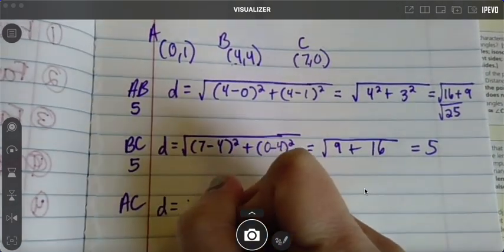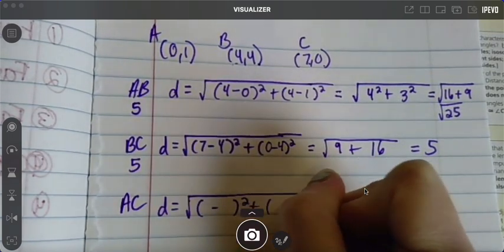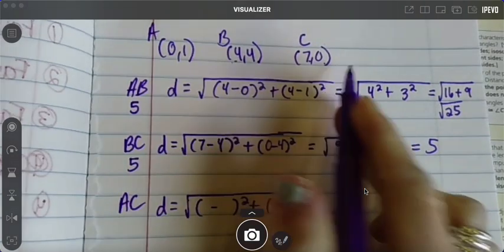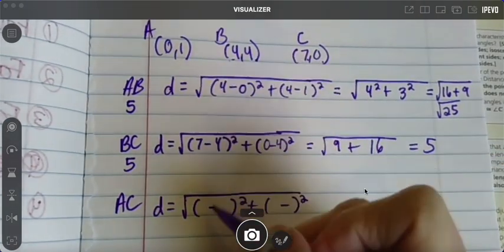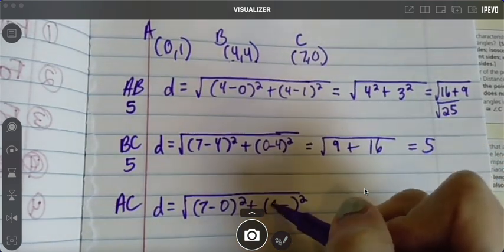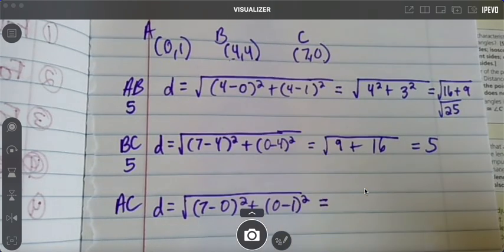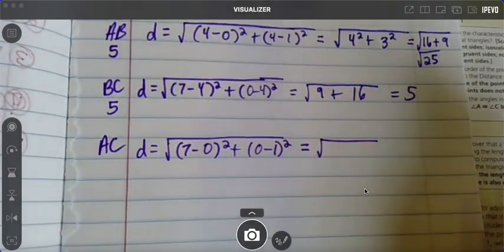So again, the square root of, I'm going to set it all up for A and C, and I'm just going to start with 7, 0 again. So what is 7 minus 0? I'll do that in a second. And then 0 minus 1. Is everybody okay? So 7 minus 0 is what?